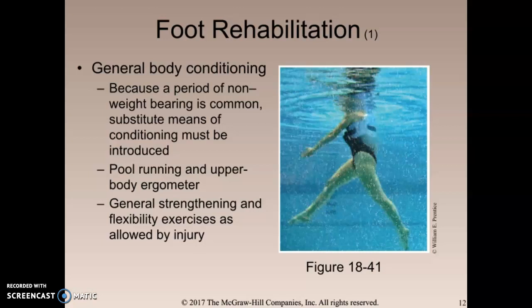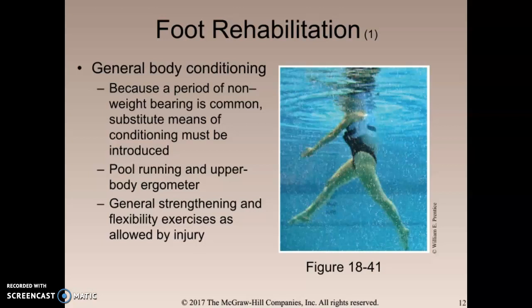Alright, so looking at foot rehabilitation, we already looked at the anatomy. Some things that obviously we've touched on each week. You got to think about how you are going to maintain general body conditioning, and we've talked a lot about that in past weeks, being creative of how you're going to do that.